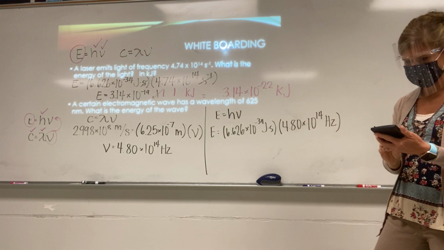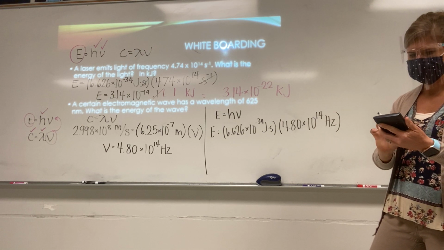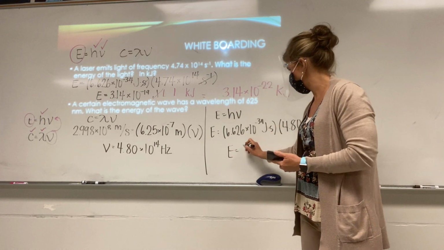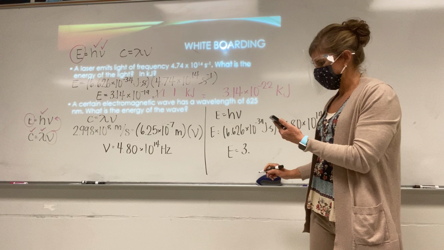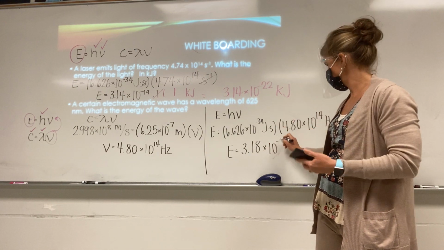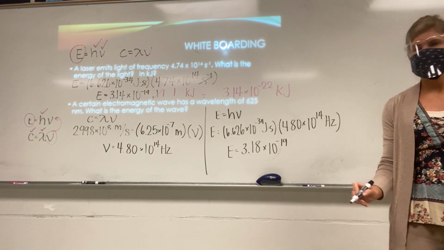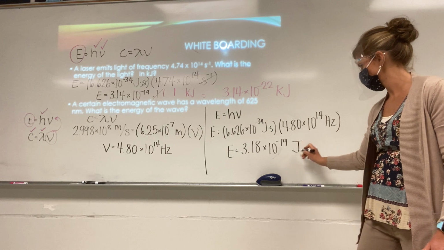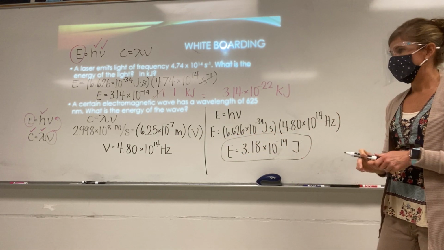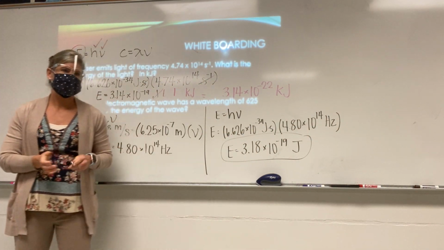So now I will multiply. And I will get my energy is equal to, 3 sig figs, 3.18 times 10 to the negative 19th. What are my units going to be? Any questions on that?